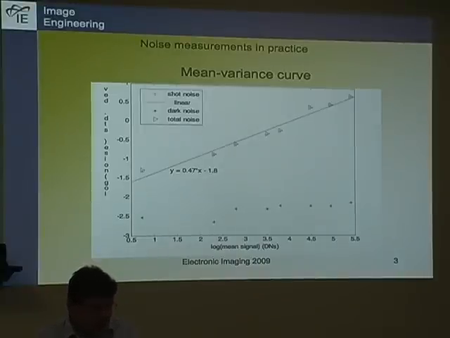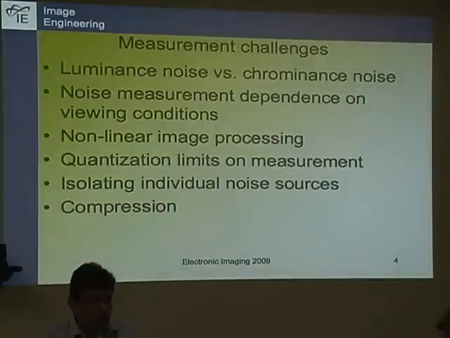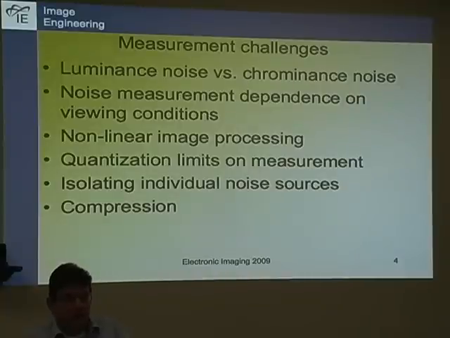There are different ways to measure noise in images. One way is to measure standard deviation. That's what today's standards that we can find for measuring noise are about. But these standards usually don't address the luminance and chrominance aspect of noise.